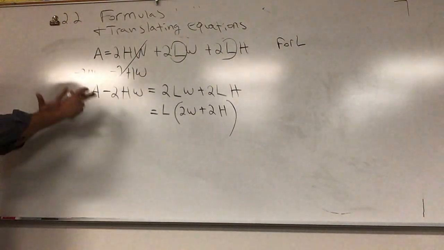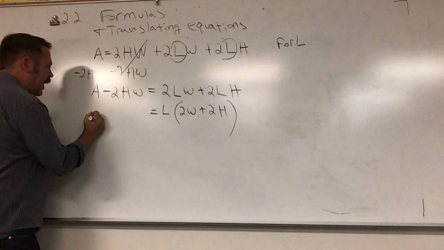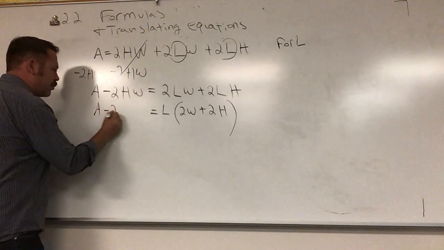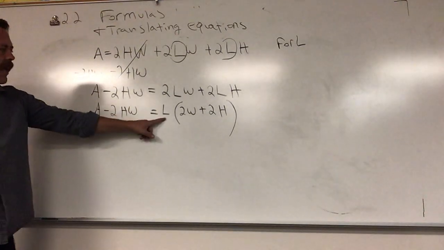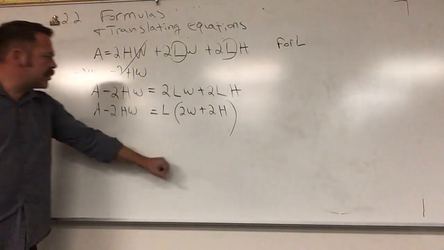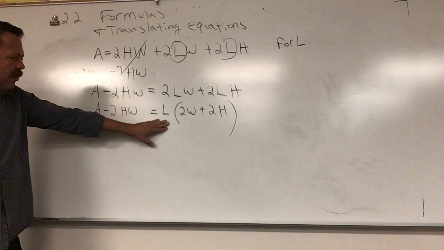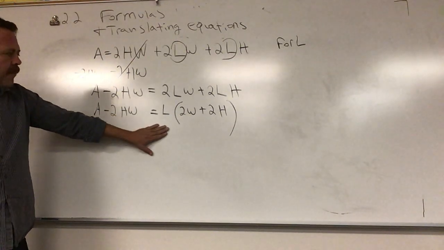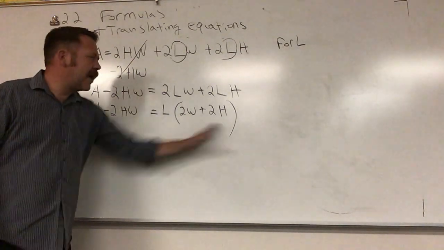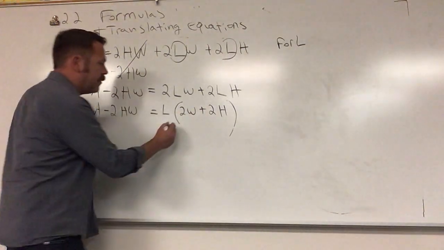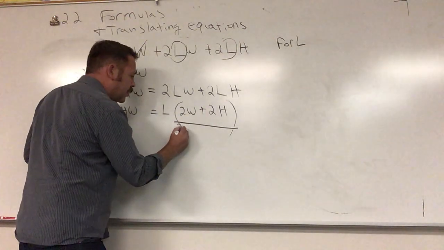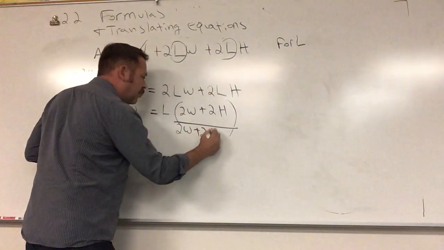And then on the left side, nothing changed. So A minus 2HW. And here I have L times all of this, and I want L by itself. To undo multiplying by all of that, all I have to do is divide by all of that. I'm going to divide by 2W plus 2H.